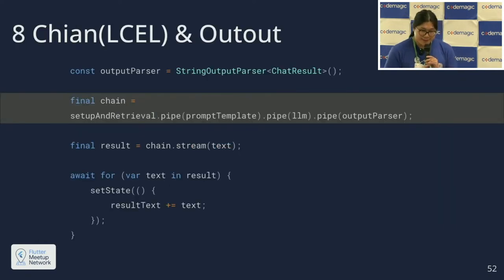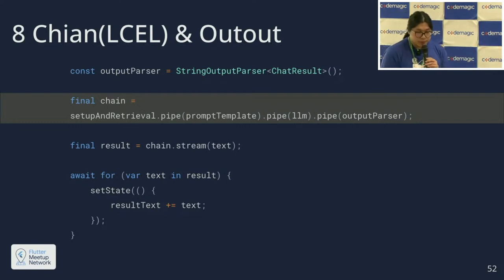Finally, I think time is up. Time is up. So finally, the eighth step of RAG. LangChain has the LangChain Expression Language, called LCEL, which can be used similarly to the Unix pipeline pattern. In LangChain and Dart, you can implement this using the pipe method.